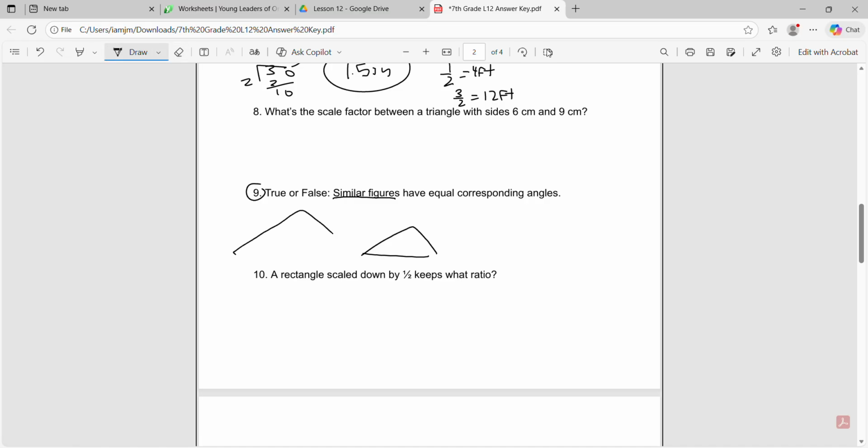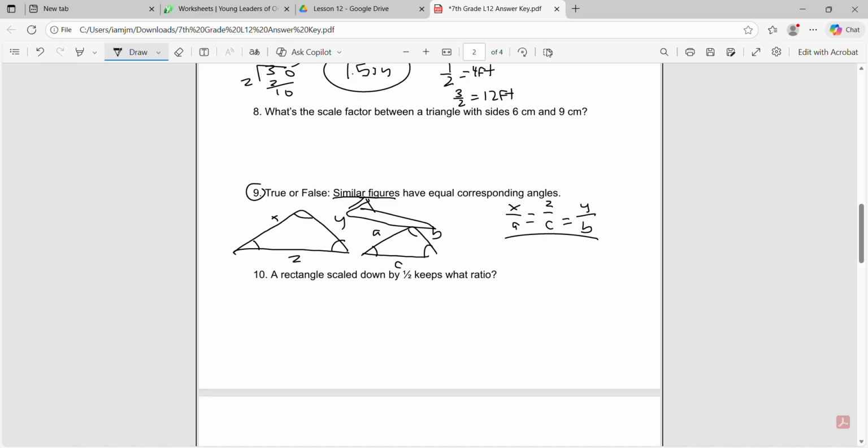So these triangles, let's label them X, Y, Z, A, B, C. Their sides are proportional: X over A is equal to Z over C is equal to Y over B. The angles are still equal to each other, it's just the sizes that have changed. This is what it refers to as similar figures.